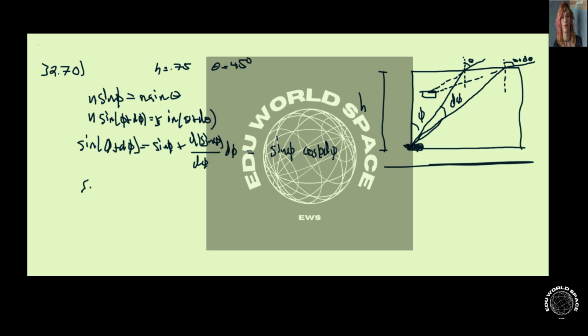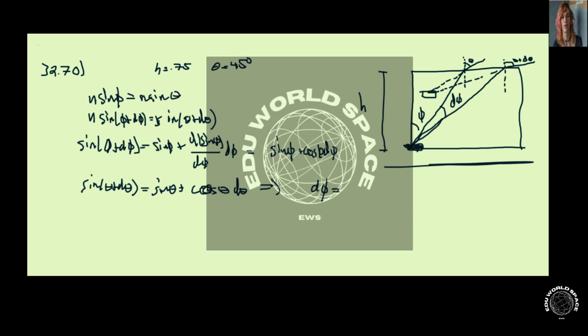We can do the same thing with sine theta plus d theta, which is sine theta plus cosine theta d theta. Now if we plug these relationships into our Snell's law equation and solve, we have a relationship between the differentials, which we call a Jacobian relationship.